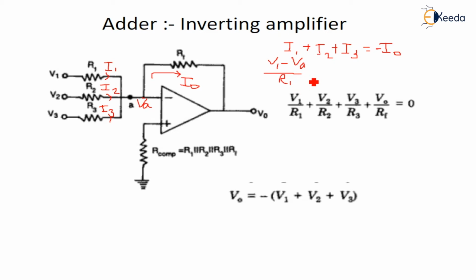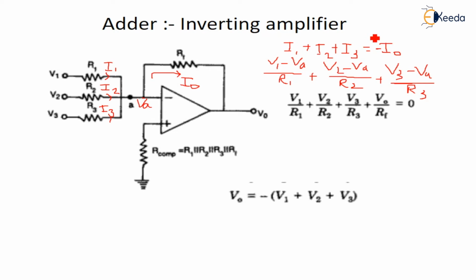The same thing happens with I2. This comes with V2 minus VA divided by R2. Then I3 will come with V3 minus VA divided by R3.